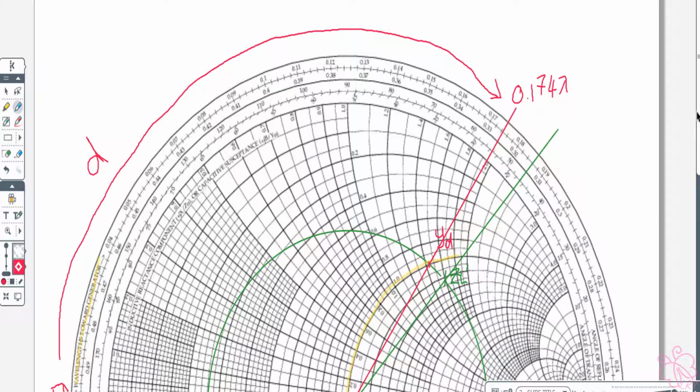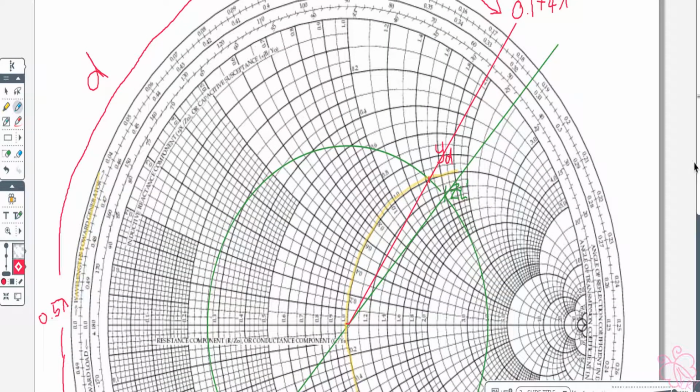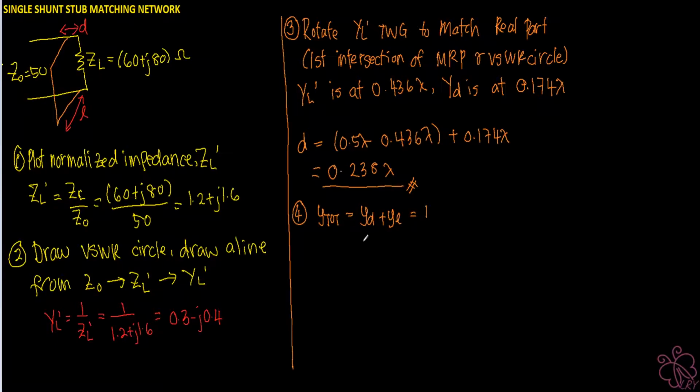So YD is 1.0 plus j 1.42. So YD is 1 plus j 1.42, plus YL equals 1.